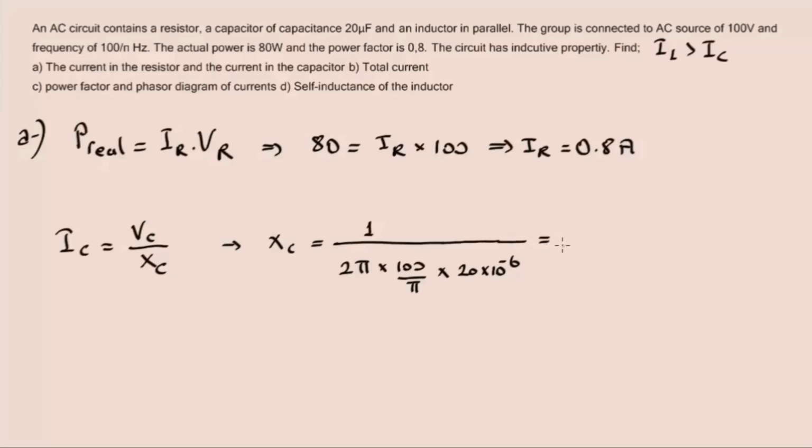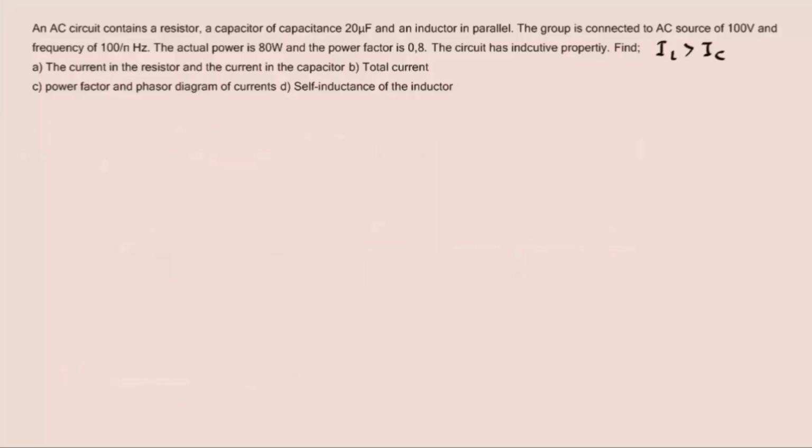XC is going to be 250 ohm. So IC is going to be 100 over 250, which equals 0.4 ampere.